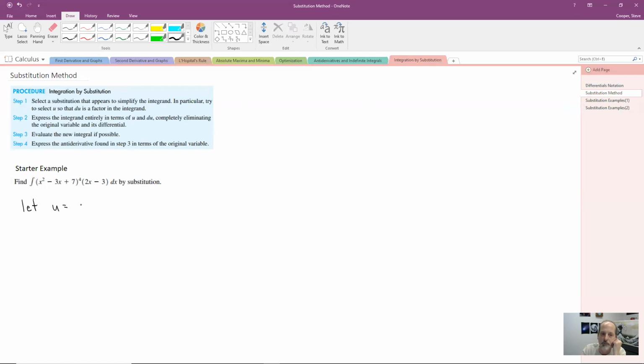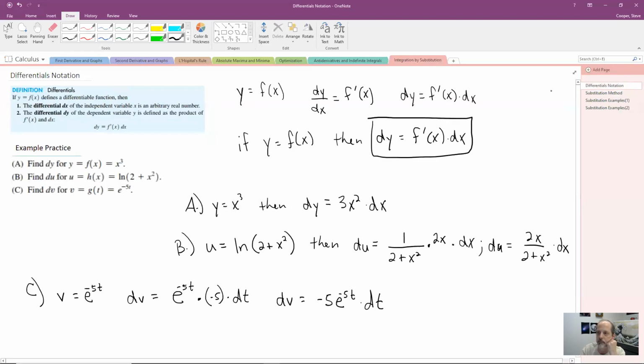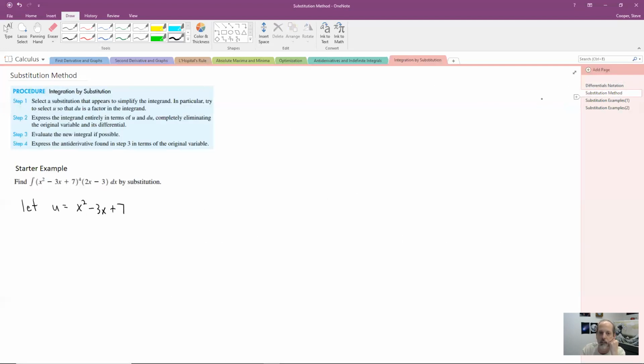So u equals x squared minus 3x plus 7. Okay, so once we got u figured out, we're going to go back and do this thing here. So I'm going to take the differential and say, then du is equal to 2x minus 3 dx.